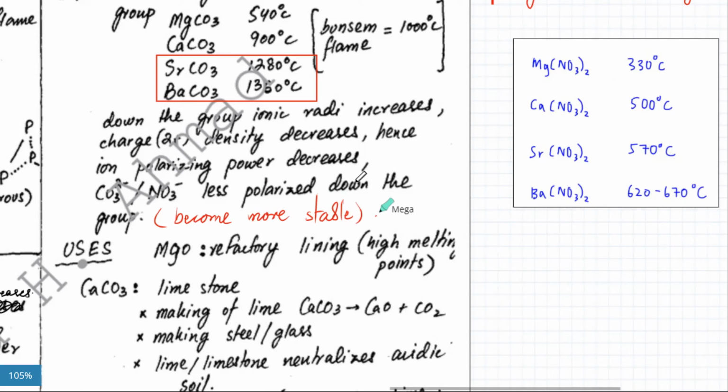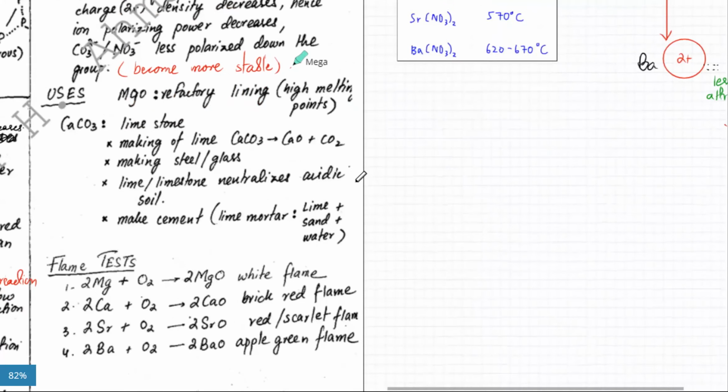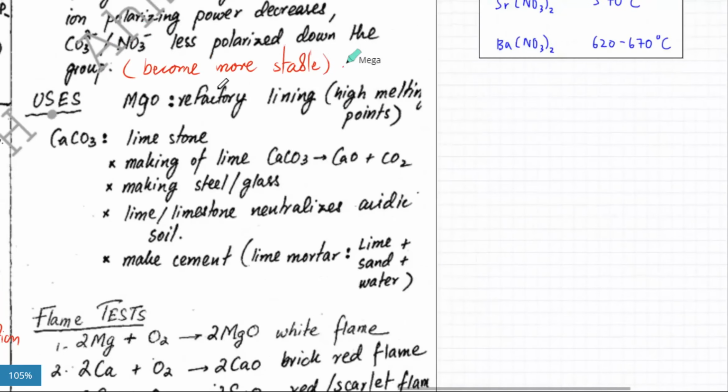Now, the very last thing is about the uses. Remember, MgO is used in refractory lining. It's a compound of Mg, and it's an ionic compound. It's a very, very strong compound. It's used as a ceramic. So this one over here is a ceramic material.